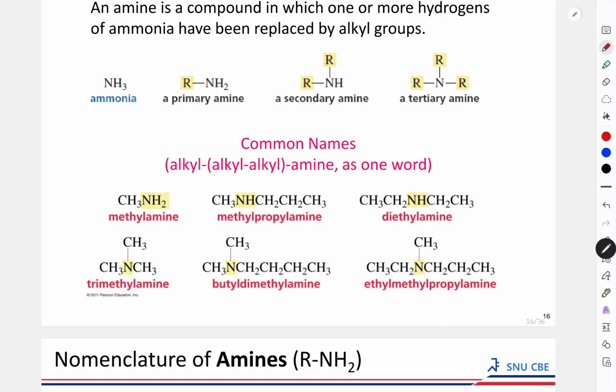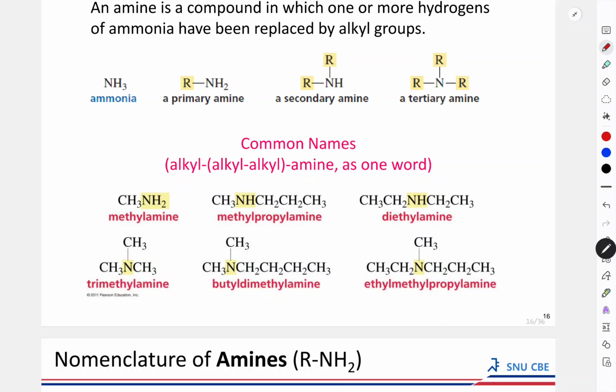What about this one? You have two ethyl groups, so you can call it diethylamine. In this case, you have trimethyl amine. In this case, you have butyl and dimethyl amine. In this case, you have ethyl, E comes first, and then methyl, M, and then P of propyl. So in total, ethylmethylpropylamine.